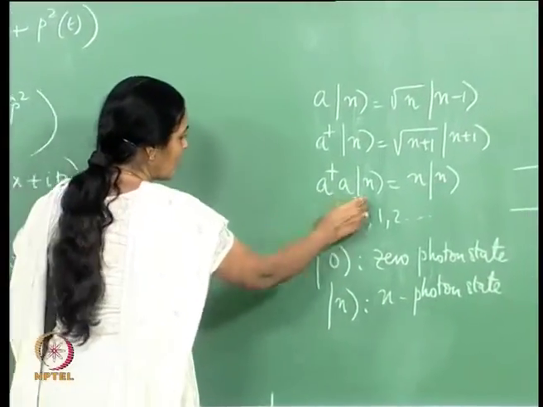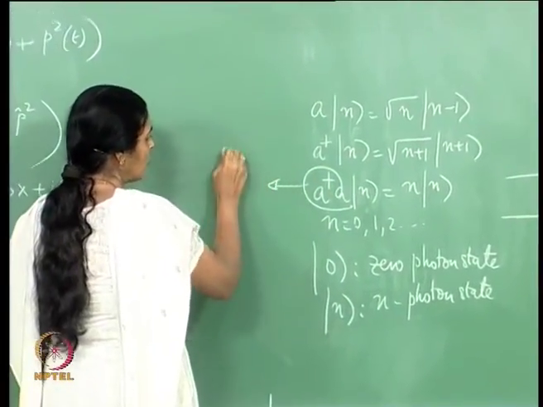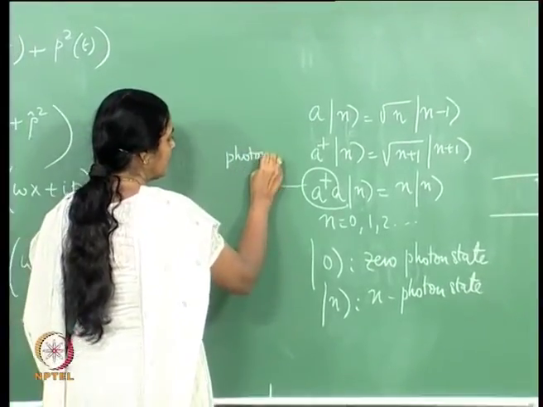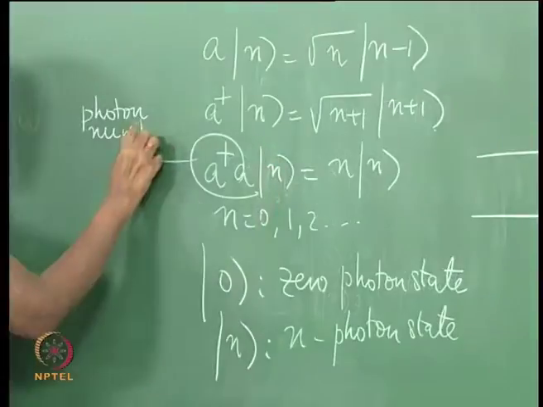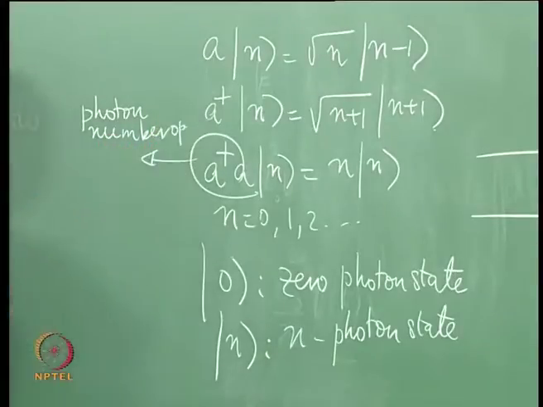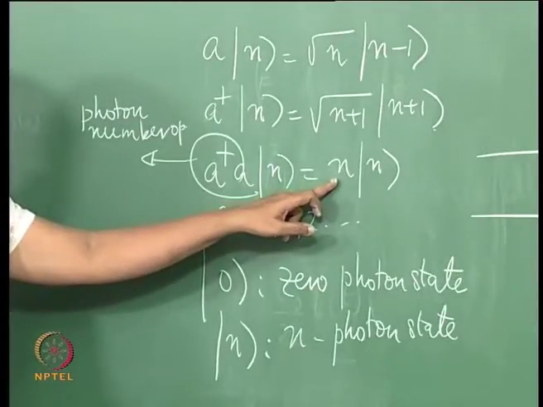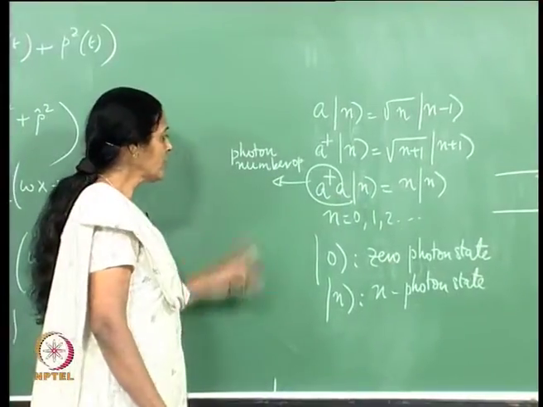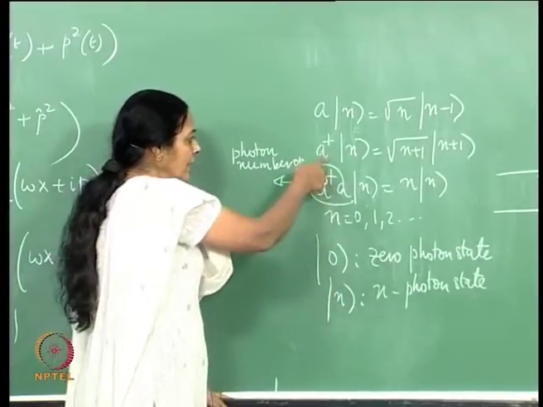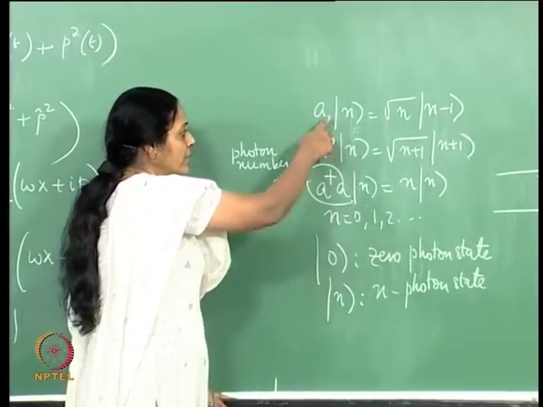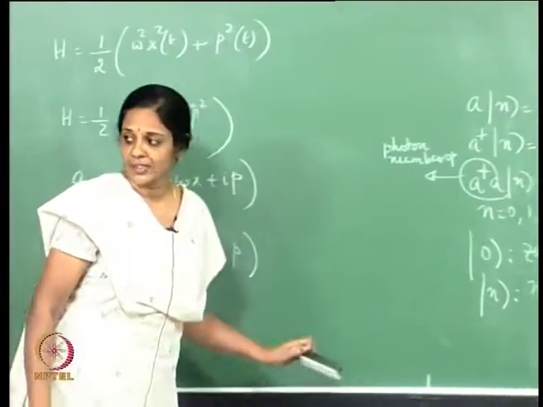So what is this operator? This operator would be the photon number operator. It counts the number of photons in the state. So there is a state with n photons, and that is what is pulled out here. So this is the photon number operator, A dagger is the photon creation operator, and A is a photon destruction operator.